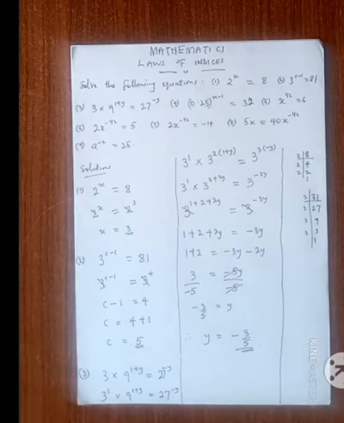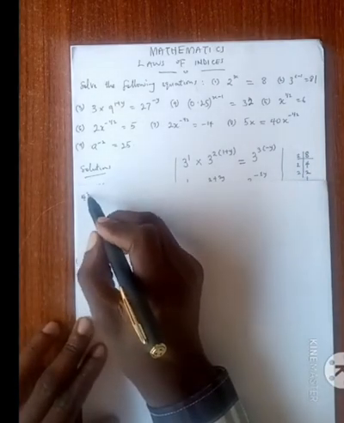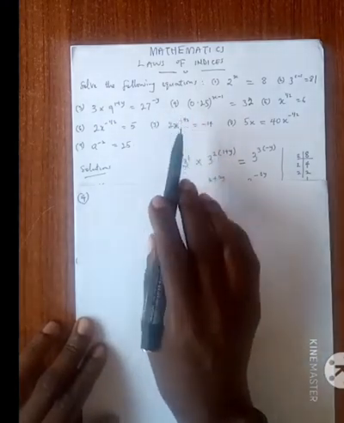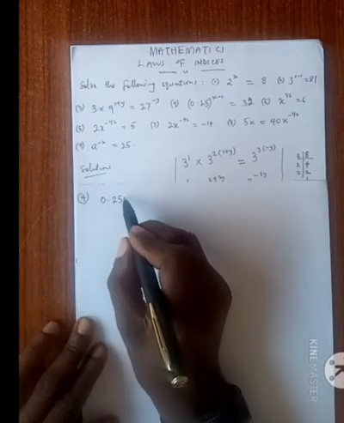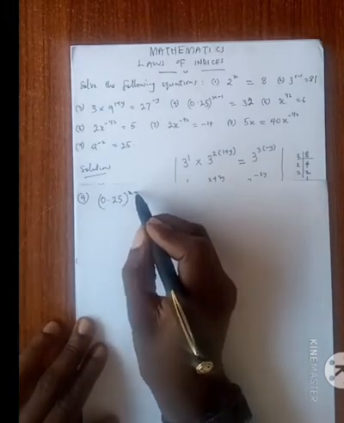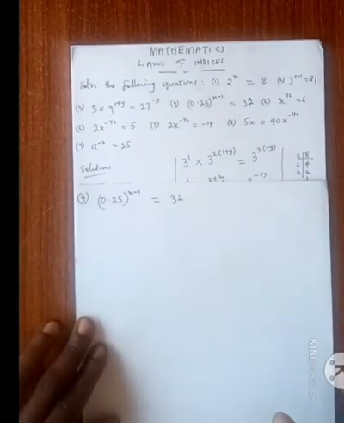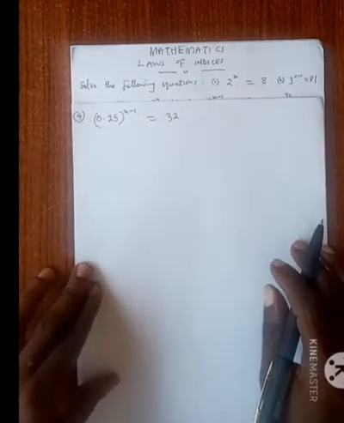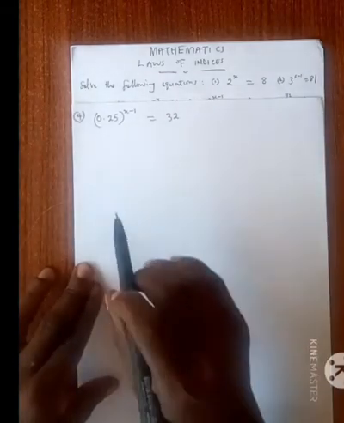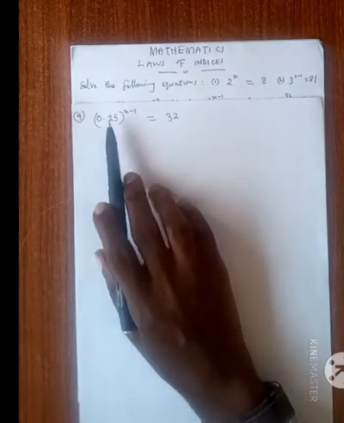Now in number 4, what I have is 0.25 raised to power x minus 1 is equal to 32. So just like we said in some of our previous classes, indices talks a lot about numbers.